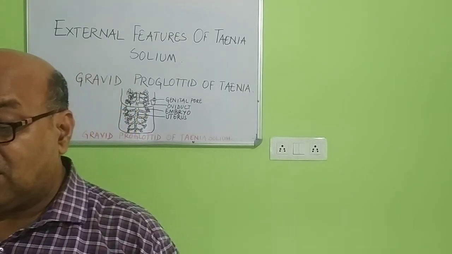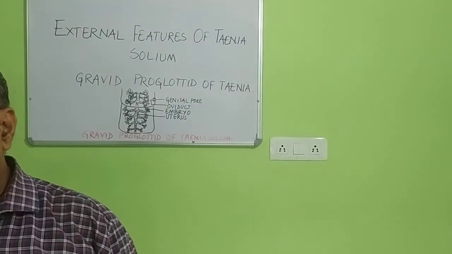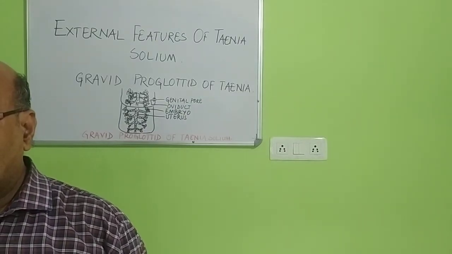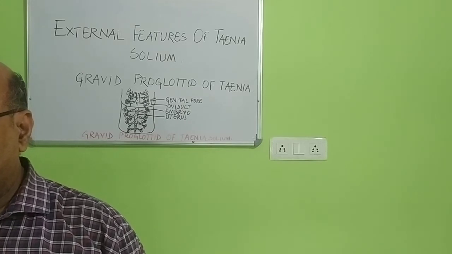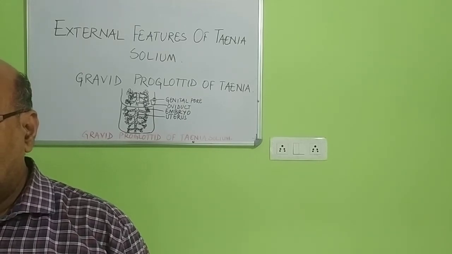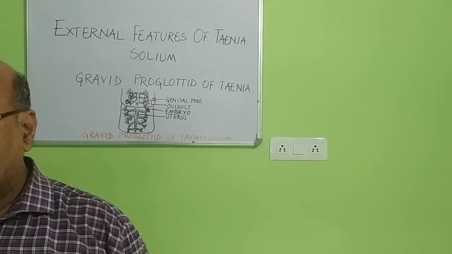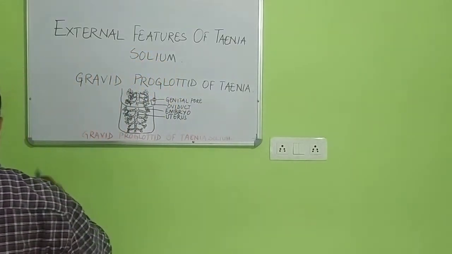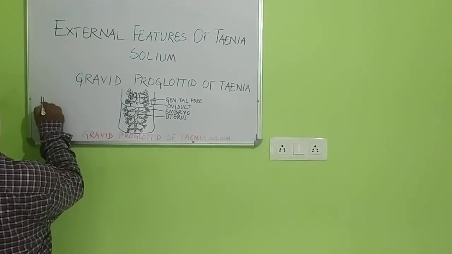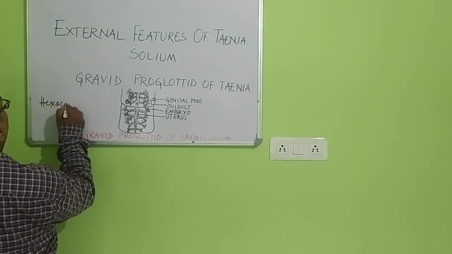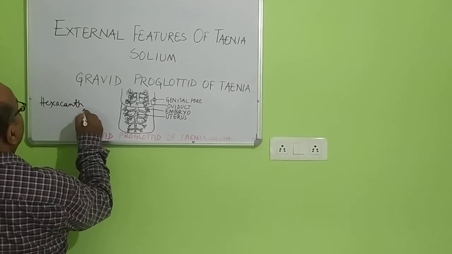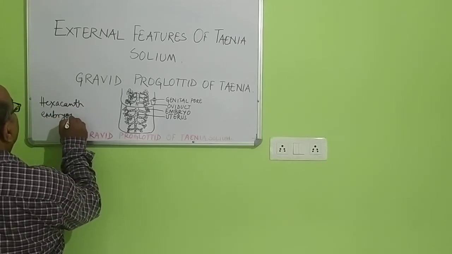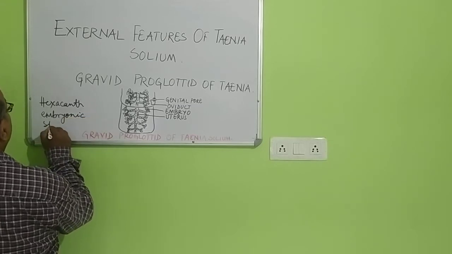At this stage, the eggs are covered by a hard calcareous shell and bear six small pointed hooks, and this stage is known as the hexacanth embryonic stage.